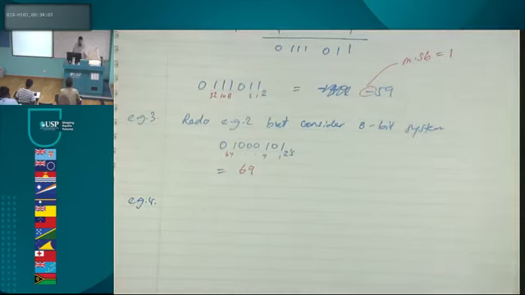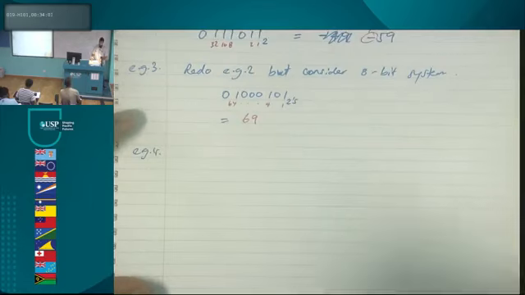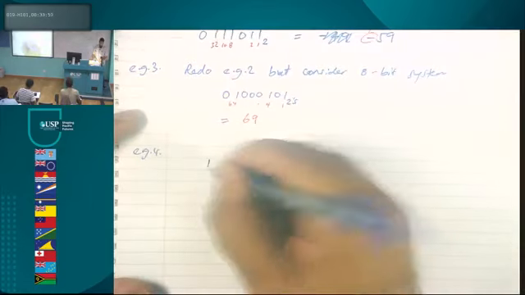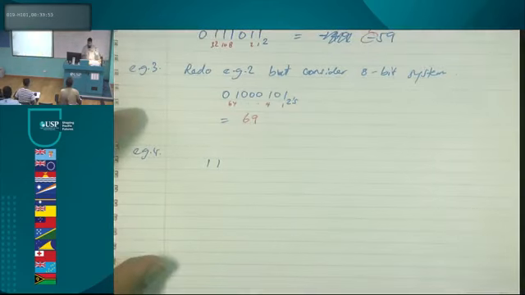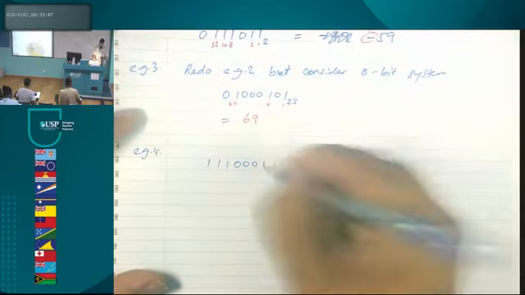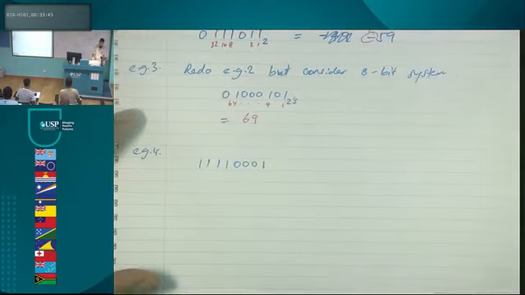Let's look at this one now. Let's now do 11110001 in 8 bits.